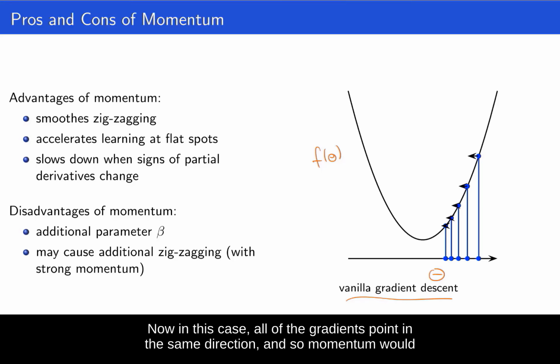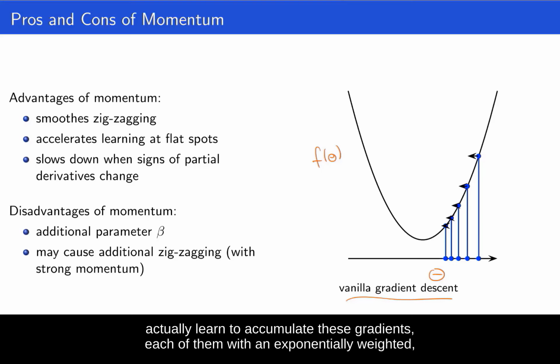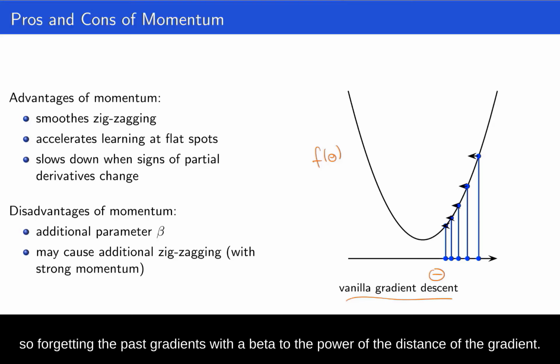Now in this case, all of the gradients point in the same direction, and so momentum would learn to accumulate these gradients, each of them exponentially weighted, forgetting the past gradients with beta to the power of the distance of the gradient.